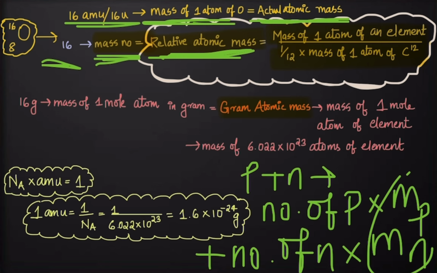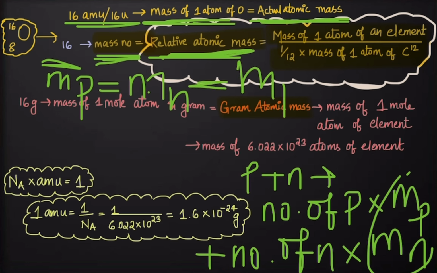Mass of proton and mass of neutron are approximately equal. That means we can write mass of neutron as mass of proton.